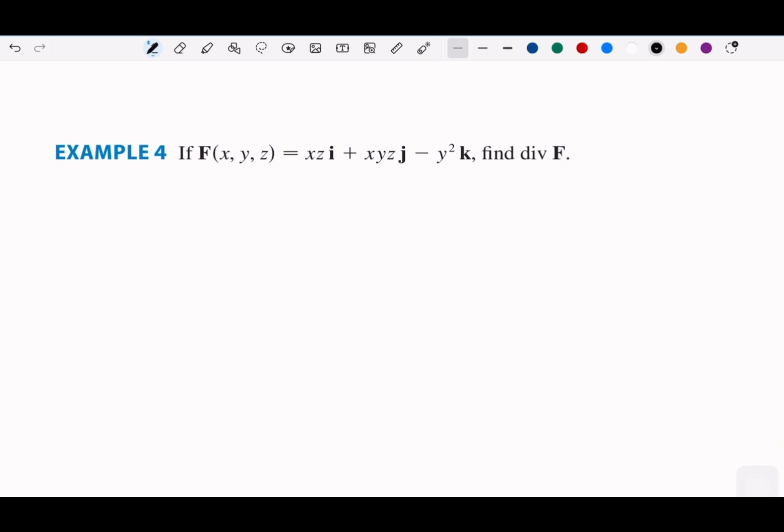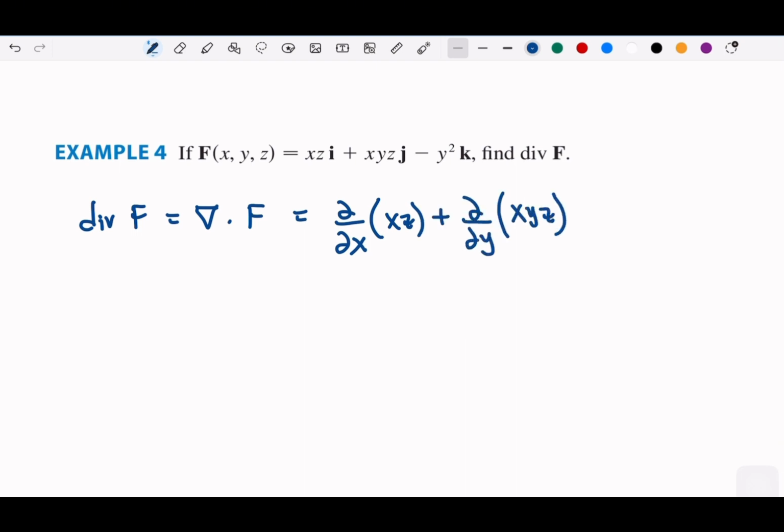So let me just go through the div, divergence of F. This will be del dot F. So ∂/∂x of xz plus ∂/∂y of xyz plus ∂/∂z of negative y squared. This will be z, this will be xz, and this will be 0. So this is the div of F.